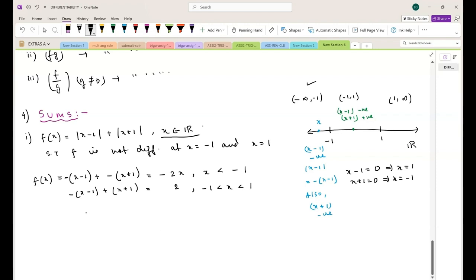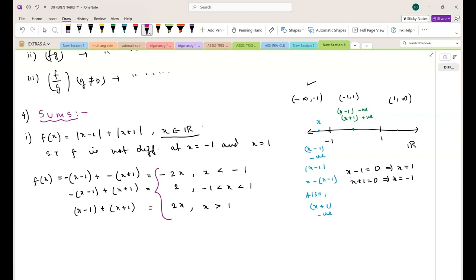And when it is greater than 1, suppose your x is here, that is 2, then both are positive, right? So it is (x − 1) + (x + 1), that is 2x when x is greater than 1. So ultimately, this is the definition of the function.